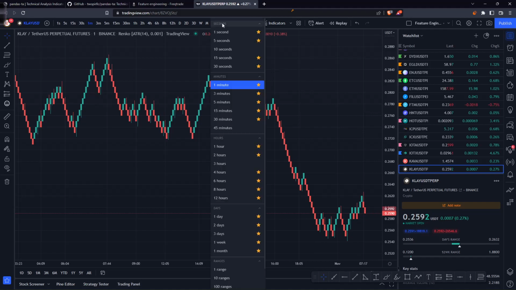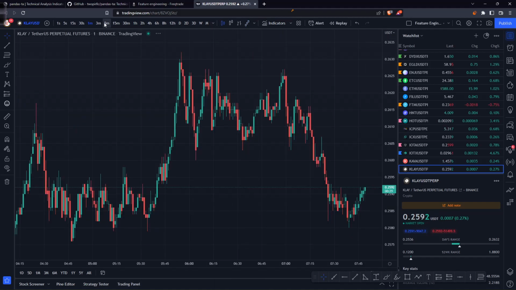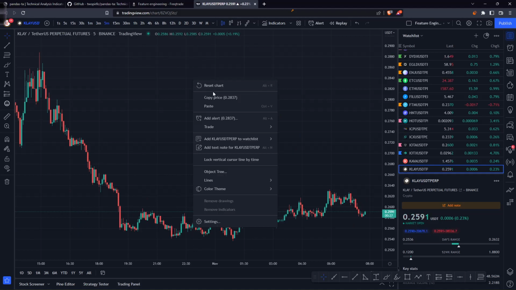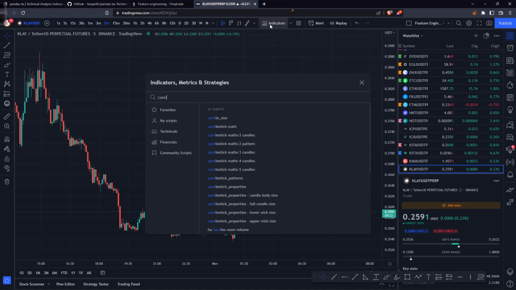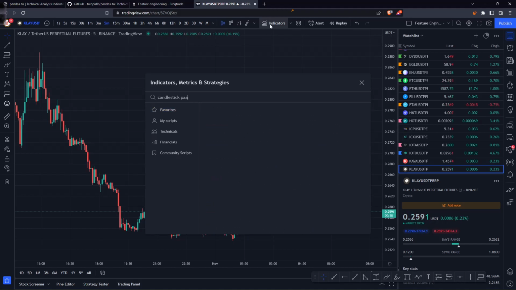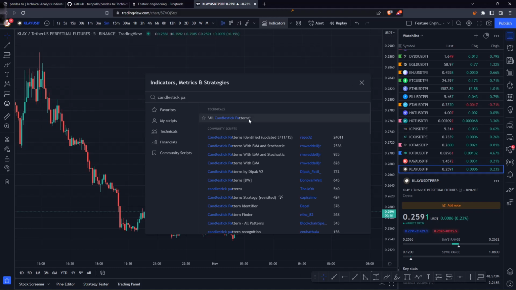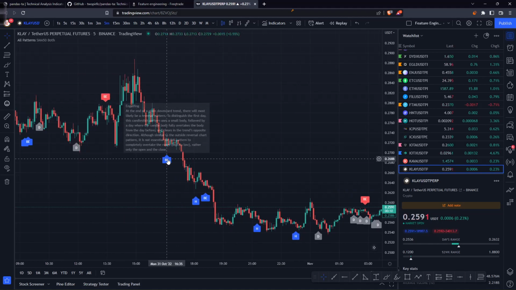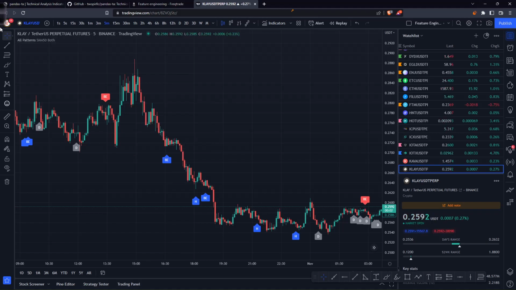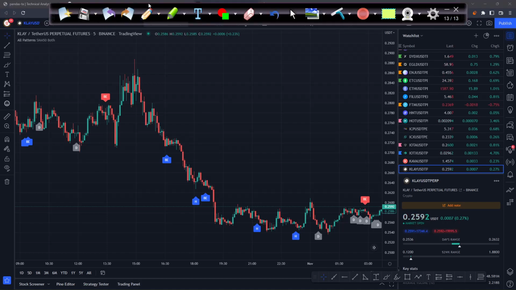Get the pure candlestick, 5 minutes perhaps. And what we're going to do is add candlestick pattern. Okay, this is all candlestick pattern. As we add, we're going to see, okay, this is engulfing. So what we can learn from this is what engulfing basically is, and the main goal is learning how it works so that we can use it better, we can engineer it better.